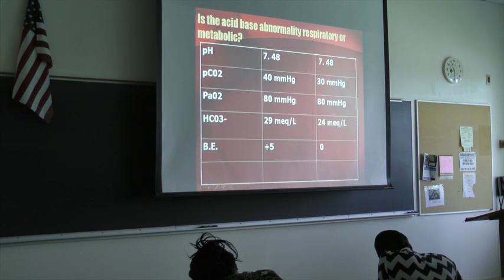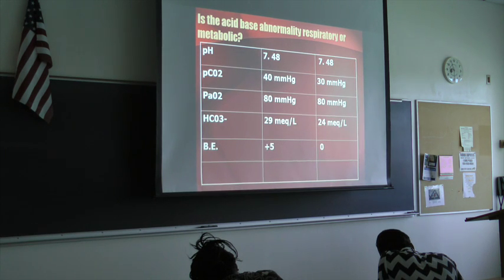All right, we have a 7.4 pH, a little distracting, isn't it? pH 7.48, CO2 is 30, bicarbonate is 24. So the pH is alkalotic, and we're looking for the cause of the alkalosis.